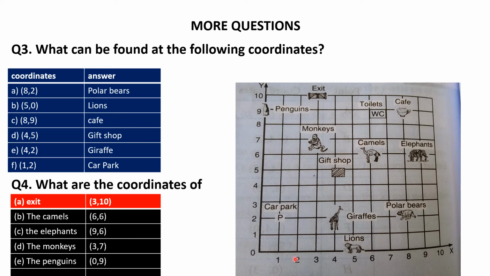Next one, elephants. Elephants are found at the intersection point of 9 and 6. Next, monkeys. Monkeys are found at the intersection point of 3 and 7. Next, penguins. Penguins are found at the intersection point of 0 and 9. It is lying on the axis. So since it is lying on y-axis, my x coordinate will be equal to 0. So it is equal to 0,9.